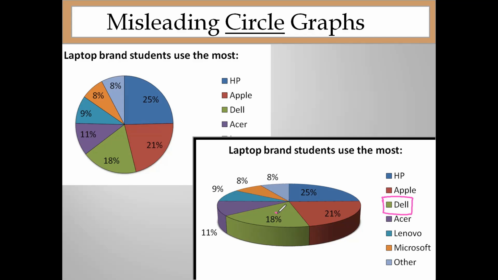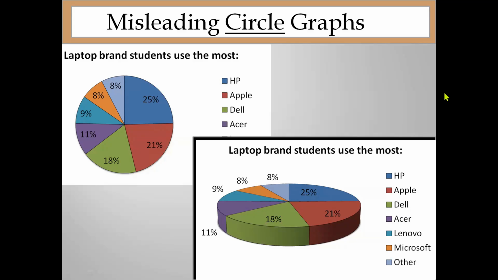Let's look at Dell. It's supposed to represent an 18% slice of the graph. However, if we compare it with the 25% HP category or the 21% Apple category, Dell seems to represent the same area as the other two at 18%. This causes a mismatch in displaying the information we want.